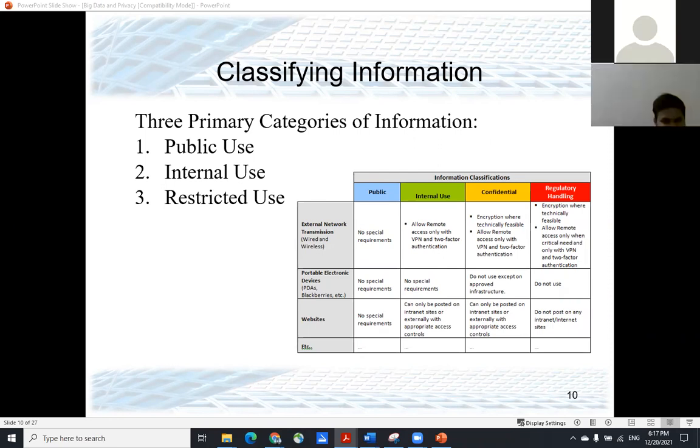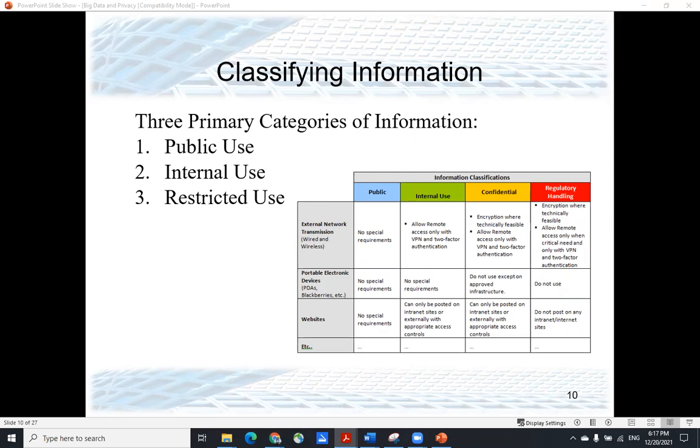Like, if you go to a bank website to log into your bank account and do financial transactions, that process going through the bank website is an encrypted process. So the website itself has to be encrypted, and so regulatory handling: encryption where technically feasible, and allow remote access through VPN and multi-factor authentication.